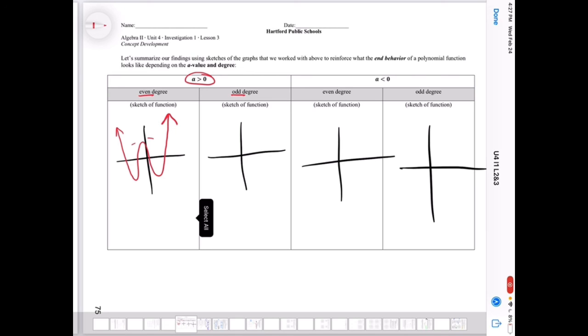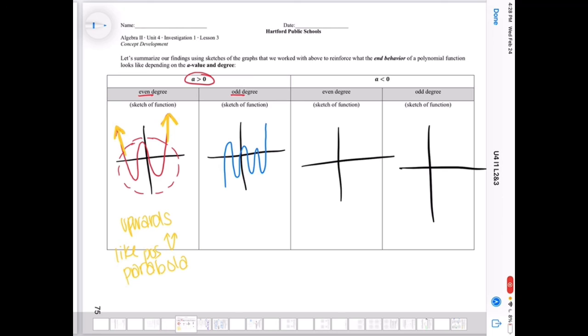And this middle part could be anything, but what we're looking for is the end pattern. It looks like a parabola for the even degree, but for the odd degree it's kind of similar, but not really, right? So you should have noticed that for a polynomial we'd have something like this, and again, this middle part might be completely different depending on your polynomial, but essentially it's asking about the end behavior, which I'm looking at here and here.